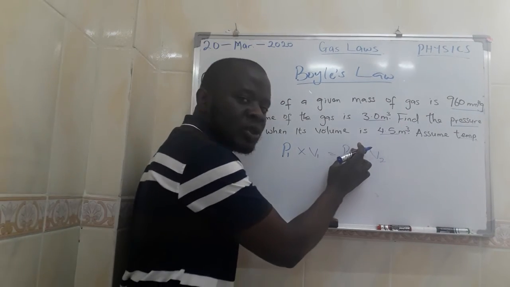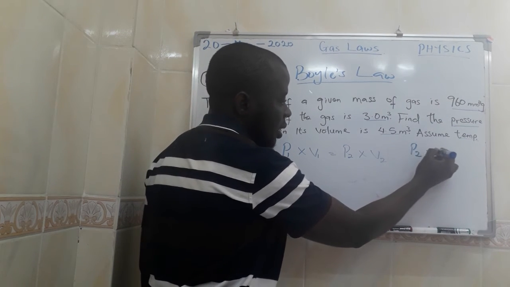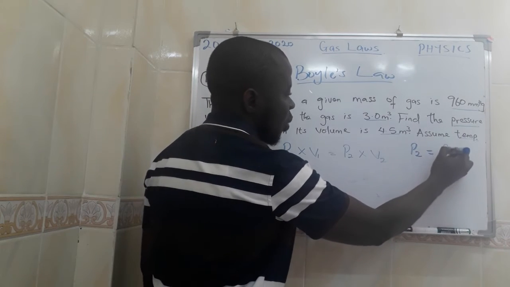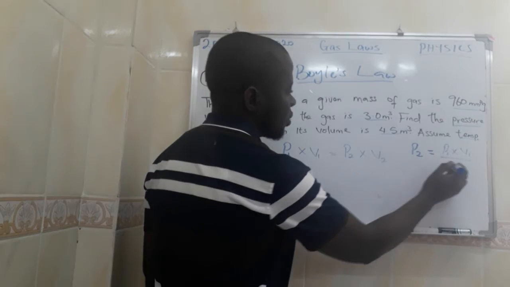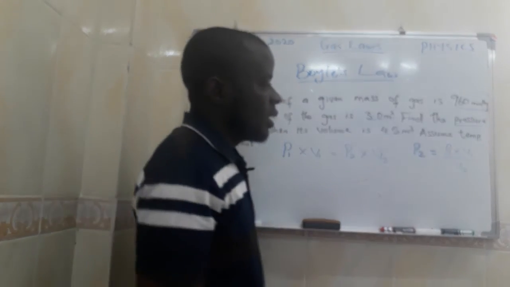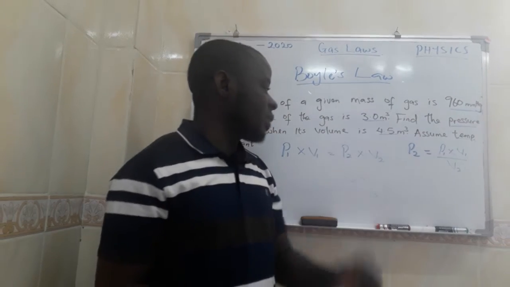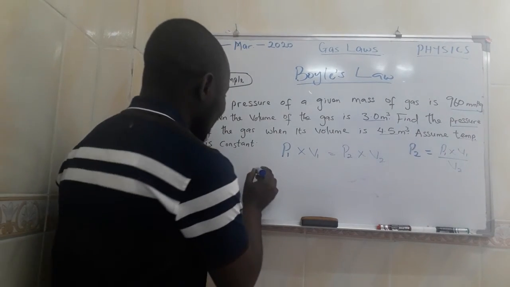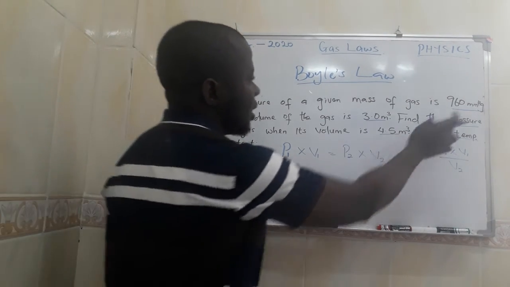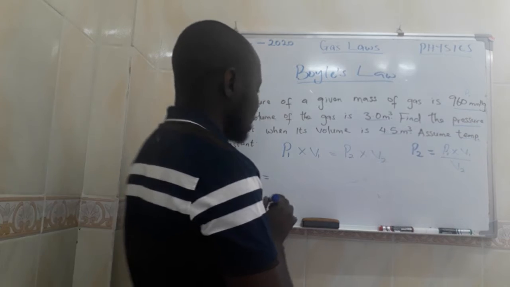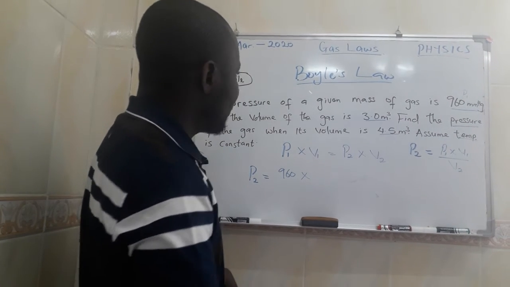Then I change this equation. I will make P2 the subject of the formula. So I have my P2 is the same thing as P1 multiplied by V1 divided by V2. Now if I apply this relationship, then I can find my second pressure. Okay, how do I do that now? I have my P2 is the same thing as, what is my P1? This is my P1, 960, multiplied by, what's my V1?